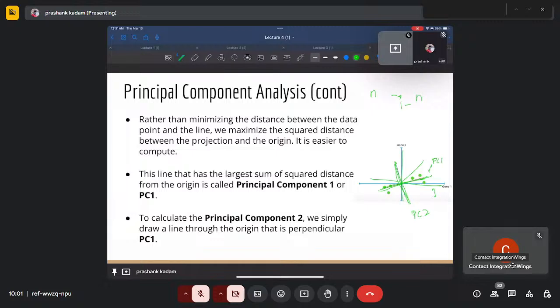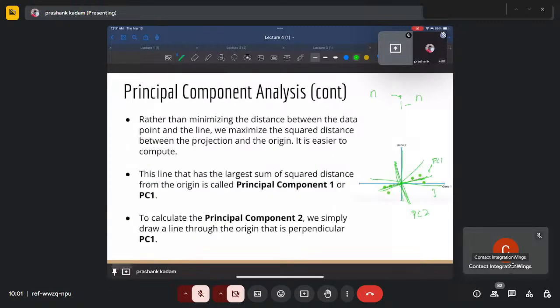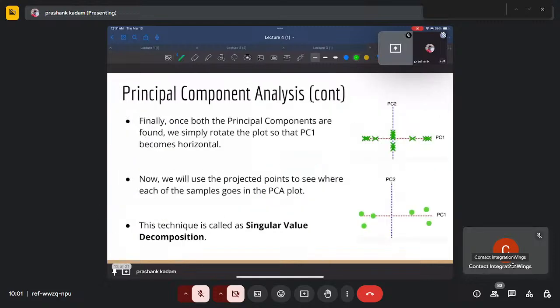So now what we do is, once we have both the principal components, we'll rotate the axis in such a way that the next step is to project.